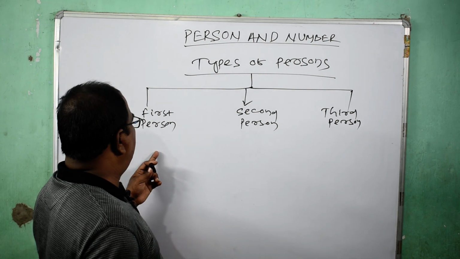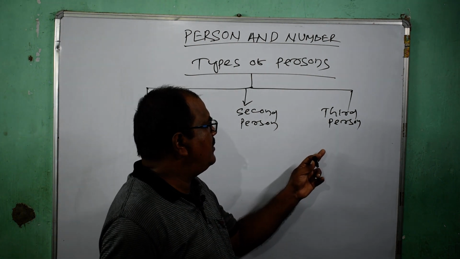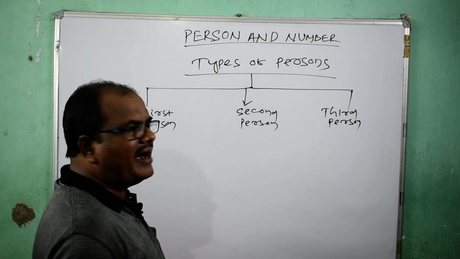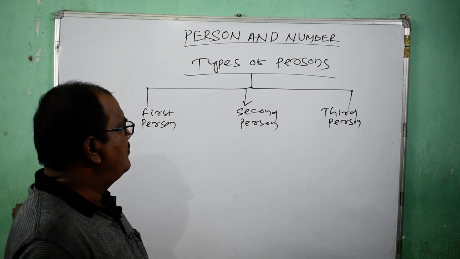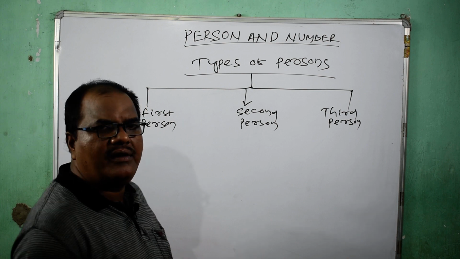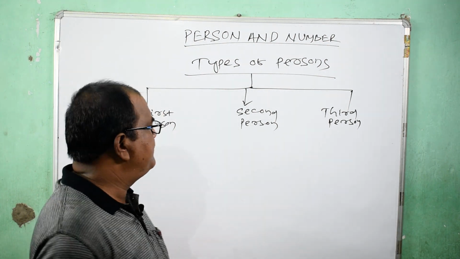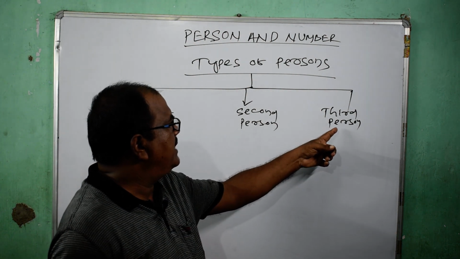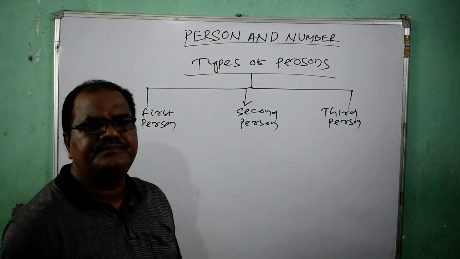The first person is the speaker, the second person is the listener, and the third person is the one about whom the first person speaks. So, it is very clear that in the English language there are three types of persons: first person, second person, and third person. Each person has two numbers.